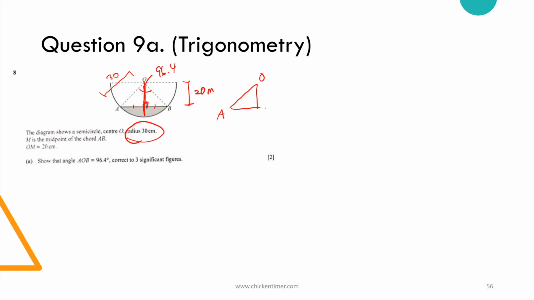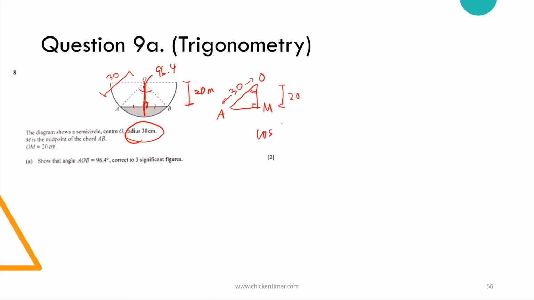So I draw this right angle here, with 30 and 20. Then the angle we want is this. So we will use trigo ratios to find that angle, because it's a right-angled triangle.